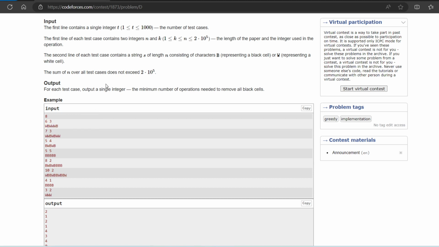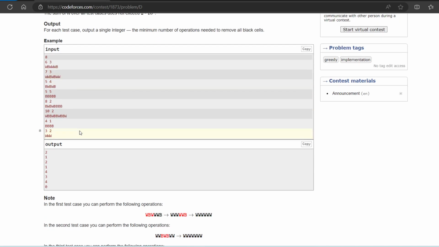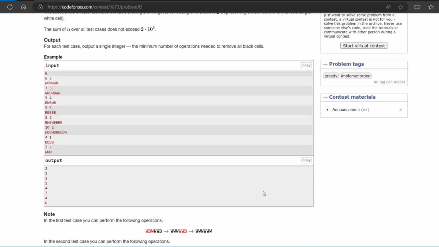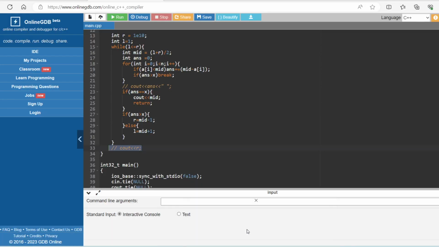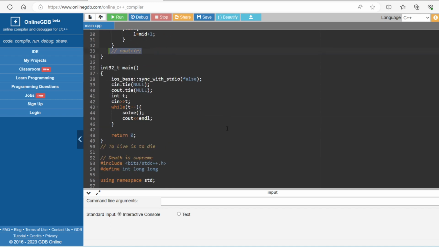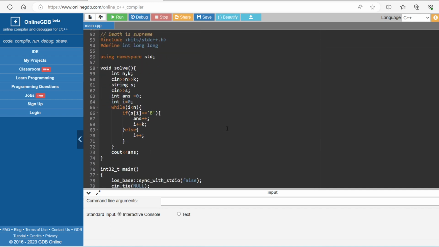The greedy approach would be that whenever we have the first encounter of B, we replace all of those with W. All three would be replaced with W. So greedy would work. Why it works is quite intuitive, but I leave it to you to think about.